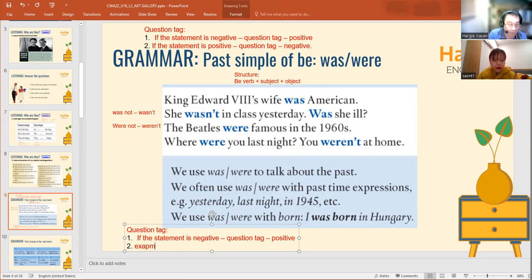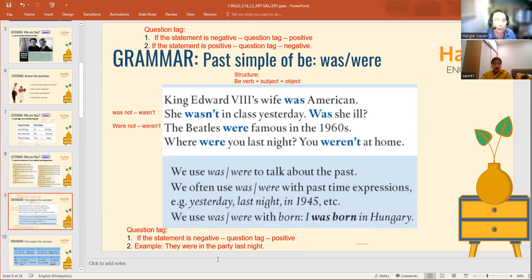For example, they were in the party last night.